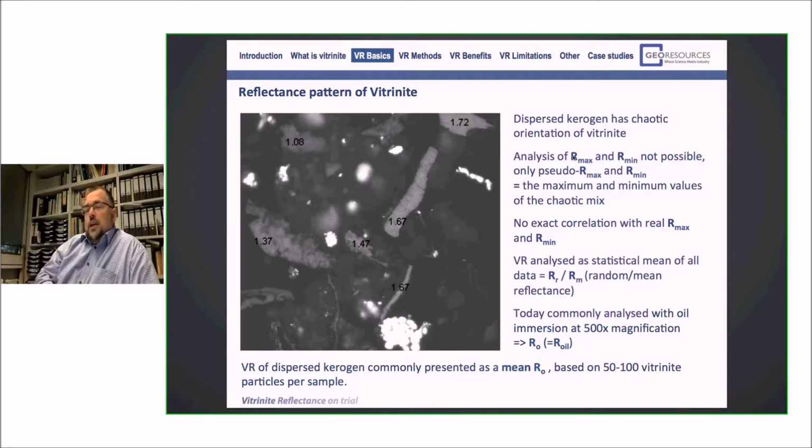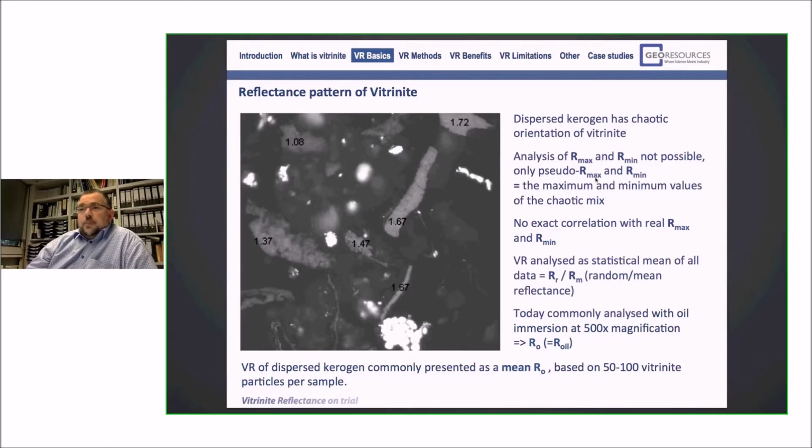It's not layered, it's not in one main direction like in a coal, but it's totally chaotic. So the analysis of Rmax and Rmin is more or less impossible. You can only measure pseudo Rmax and Rmin, meaning the maximum and minimum values of this chaotic mix. But you don't know exactly if this is really the real Rmax or the real Rmin, and therefore you cannot do any exact correlation with the real Rmax and Rmin values.